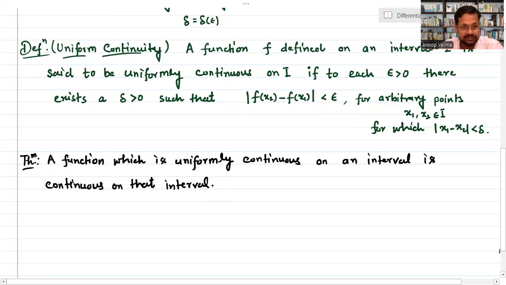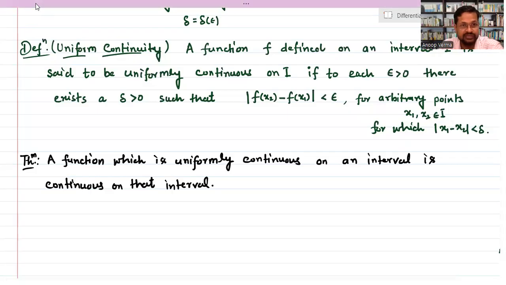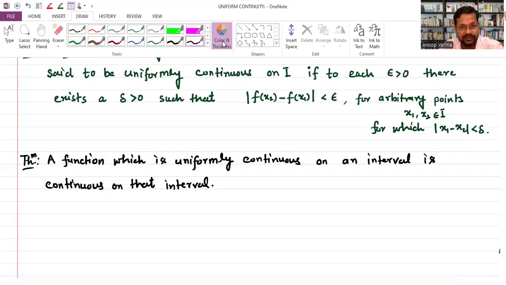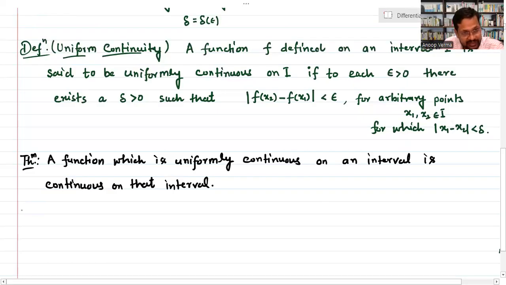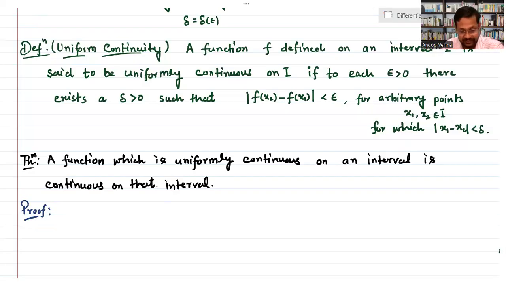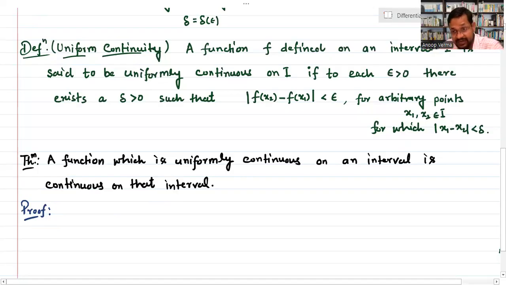Okay, so for the proof we are choosing the blue color, the dark blue. Okay, so proof. I'm just writing the proof of this. Okay, and you remember this thing. If a function is UC, then it definitely will be C. It means continuous. Okay, and this is how we write a formal proof.